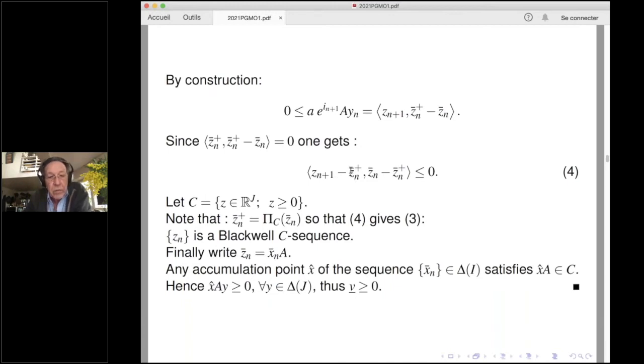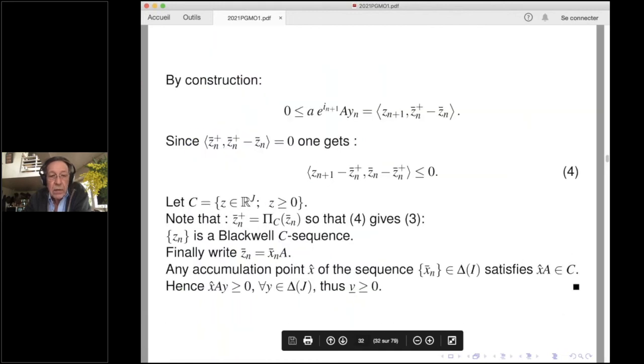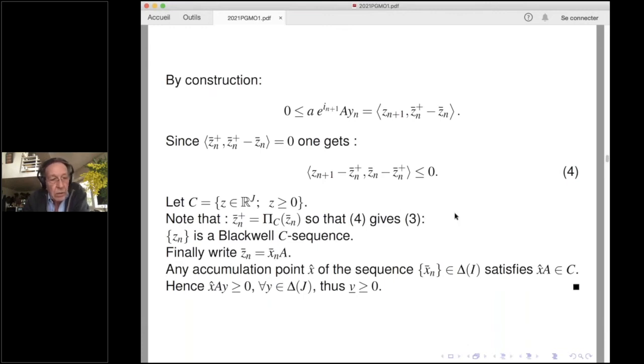Zn plus 1 minus the projection of the average, scalar the average minus its projection, is negative. Maybe I can come back to this condition here, Blackwell sequence: Zn plus 1 minus the projection of the average, scalar the average minus the projection. So this is exactly this equation 4 here. So this proves that Zn is a Blackwell sequence.